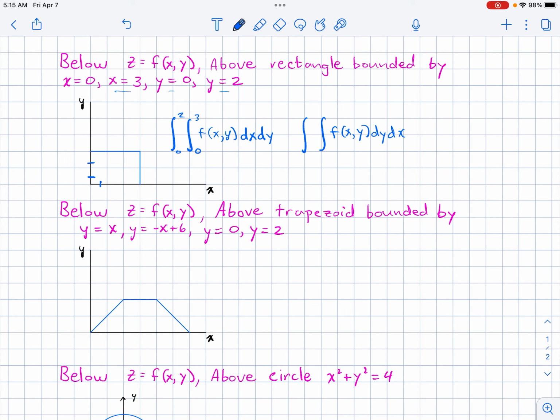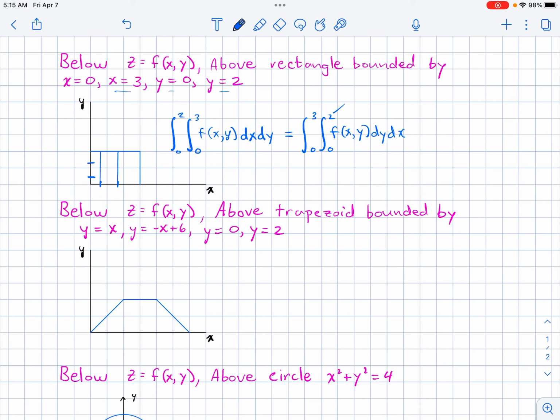For every x, what does y do? Well, y starts at 0, and it goes up to 2. I pick an x over here, and y goes from 0 to 2 as x goes from 0 to 3. So these are two sets of integrals that we could use to calculate the volume that we're seeking.